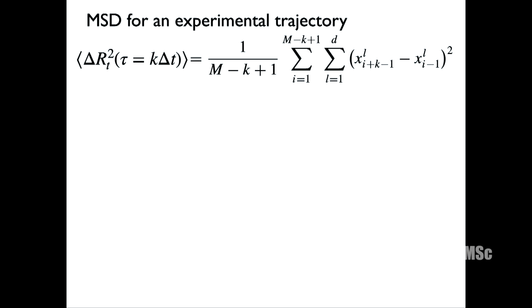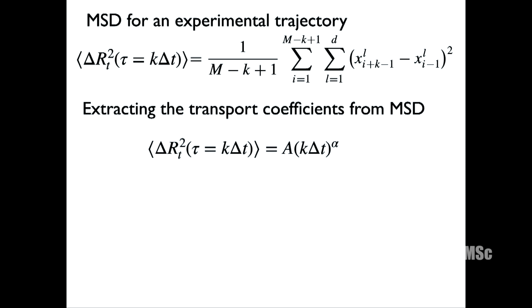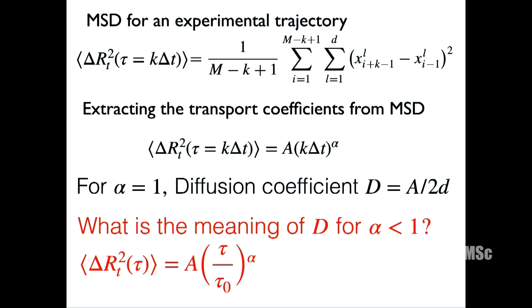So how do you compute this quantity? So what you do is the following. So the way you calculate is the following. Suppose you had, I will show you for a one-dimensional trajectory.